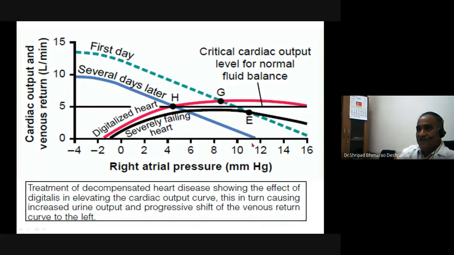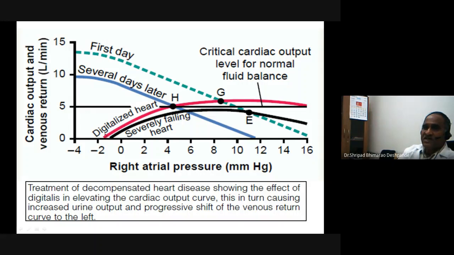The pressure is here, and this is E. Now, if it is not dealt with, the person will die. The person will not be able to recover. Now, what happens? These patients have been given digitalis. Now, with the digitalis, they have started here at this H.